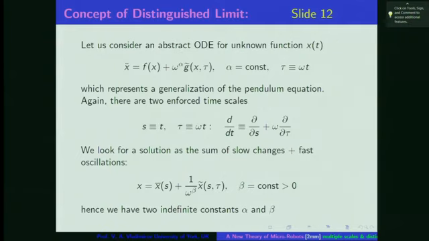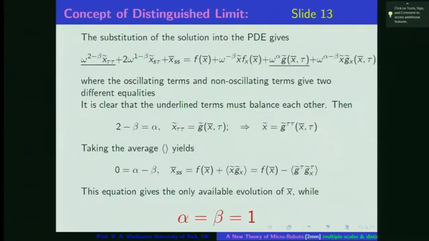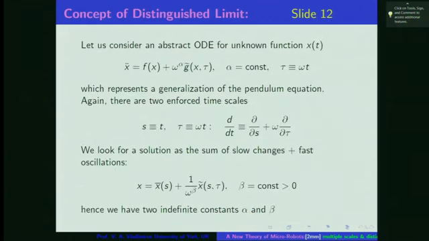So omega is a large parameter, and here is another parameter which appears as displacement in the vertical direction.